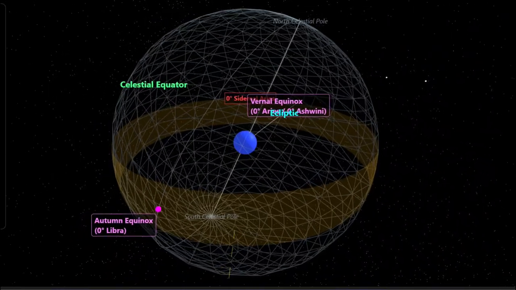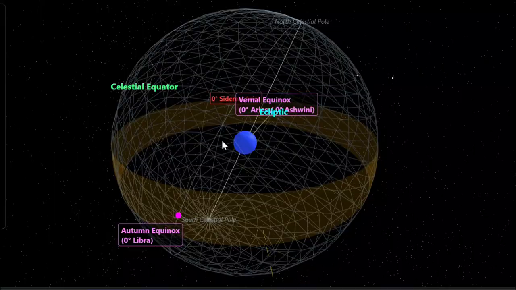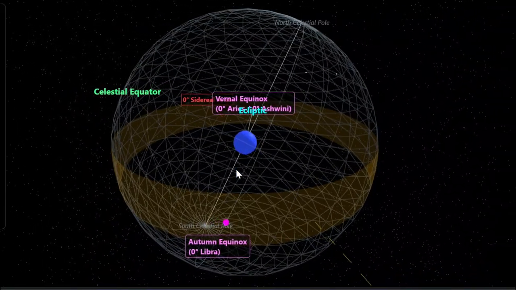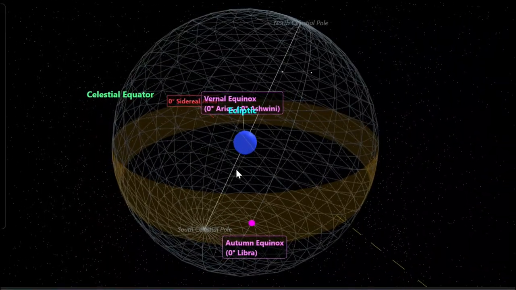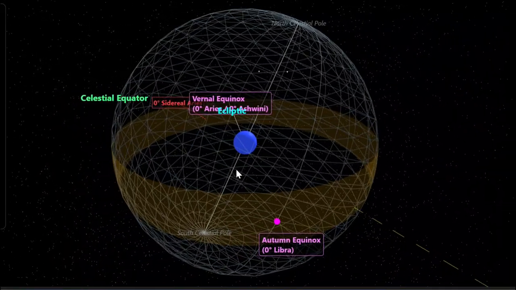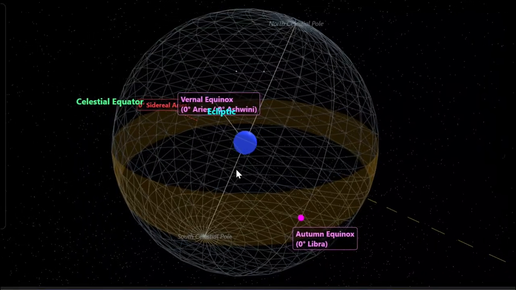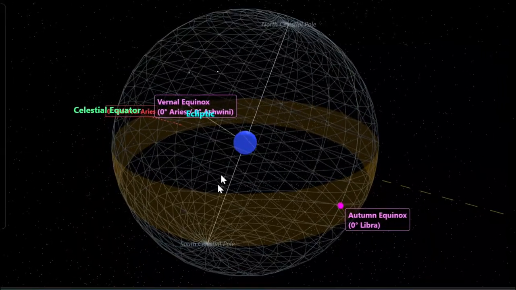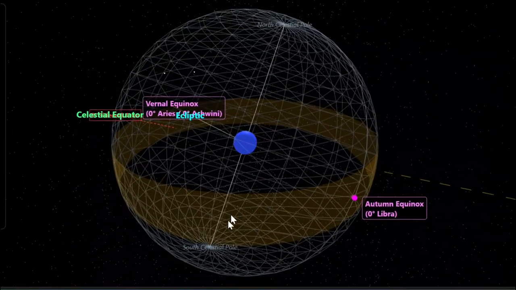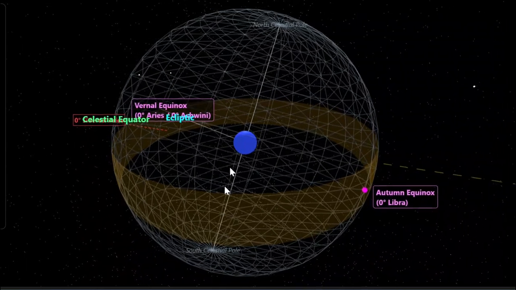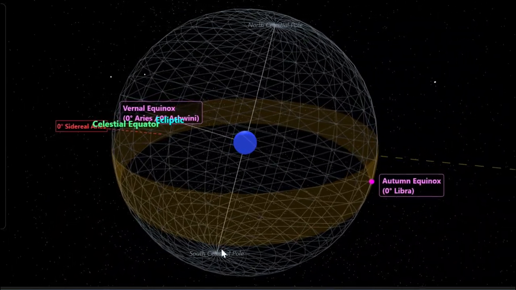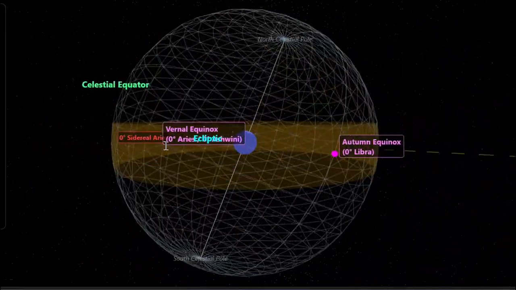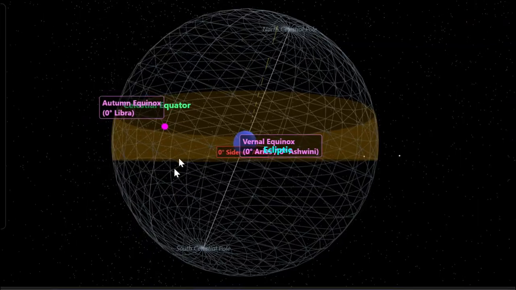The equator of this sphere is just the projected equator of earth, so it is parallel to the equator of the earth. We have extended the north pole and south pole of the earth, and this becomes the north pole and the south pole of the celestial sphere. So on this celestial sphere we can mark the zodiac belt.